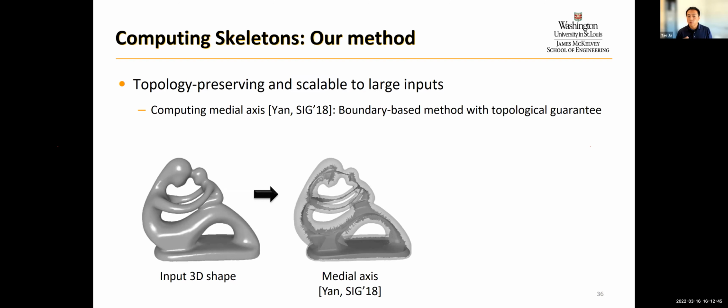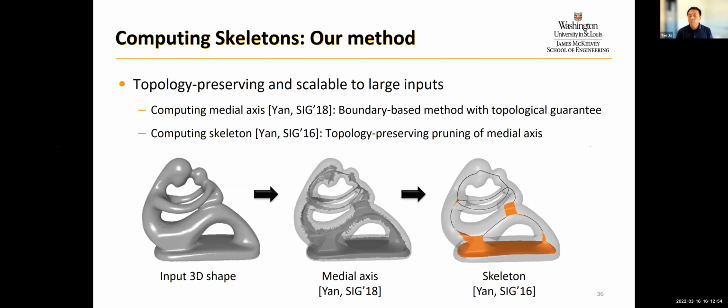In this way, we don't lose the topology of the object, but we can be as efficient as these boundary-based methods. In the second step, we take the 2-dimensional skeleton and reduce it down to a bunch of curves and surfaces. The amount of curves and surfaces can be controlled by the user. This process, again, is guaranteed to preserve the topology, which makes the entire pipeline topology preserving and efficient.